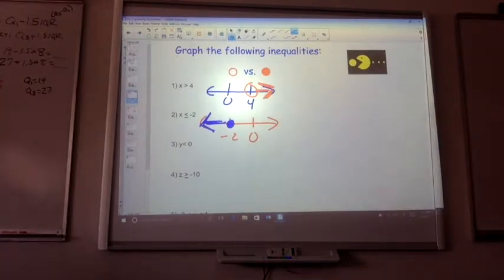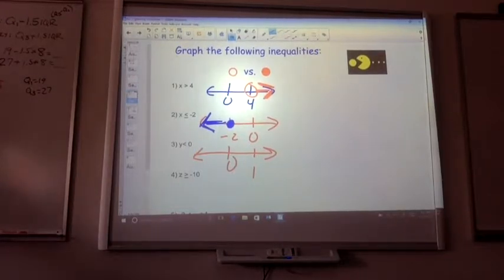So every time if it has an equal to, you shade solid. If it doesn't have the equal, open dot. All right, next one we have y is less than 0. So I'll have 0. Maybe I'll just put 1 so I understand that 1 is over there. Is it a solid dot or an open dot? Open.